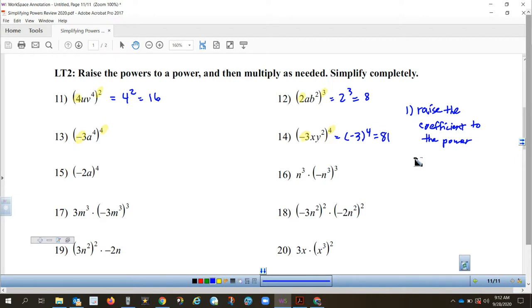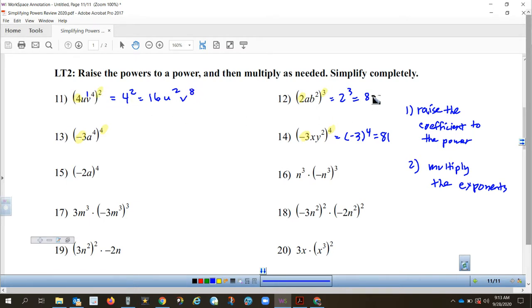But then what do we do with the exponents? Remember what we do? We multiply the exponents, okay? So in this case, I'm going to have u, remember if there's no exponent written there, it's 1, u to the second power because 1 times 2 is 2, and then I'm going to have v to the 8th power because 4 times 2 is 8.